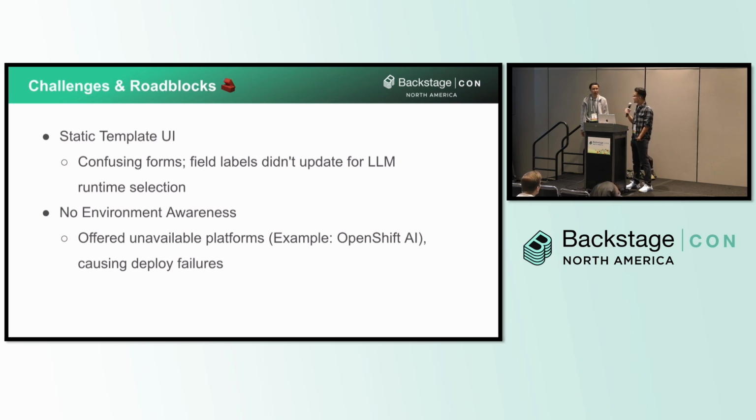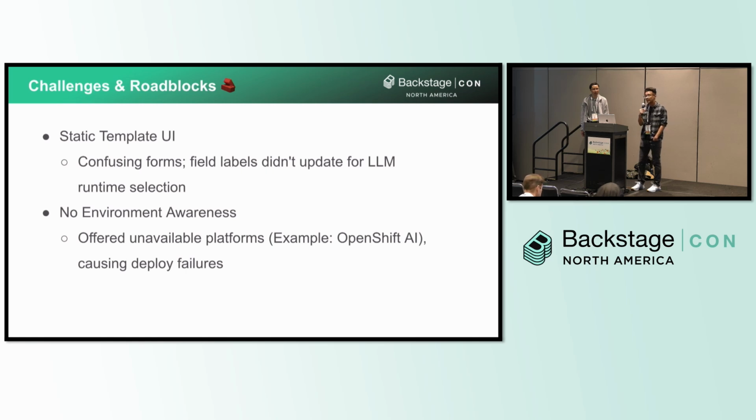Nevertheless, the second problem that we faced was no environment awareness. If you remember, in my demo, I had the option to create a workbench on OpenShift AI. The issue is, what happens if OpenShift AI is not installed? During runtime, as you're creating a component from the software template, we don't have awareness of what platform or technologies are installed.